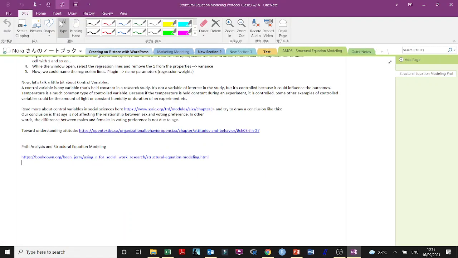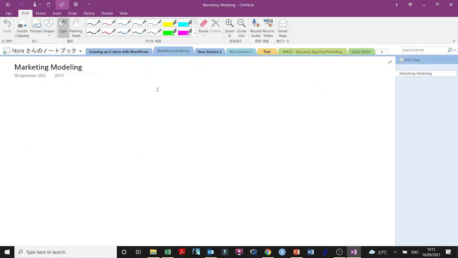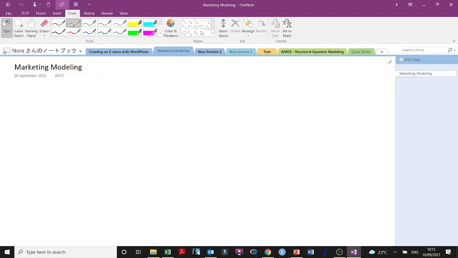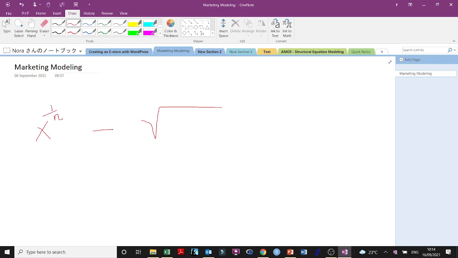I have OneNote. So let me just start here. I have some marketing modeling notes. I'm going to show you what I mean by the root, just in case you have forgotten it. When you say x to the 1 over n, this is equivalent to the nth root of x.